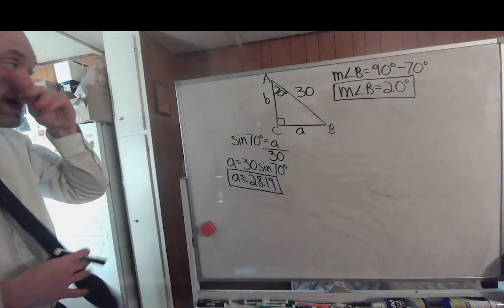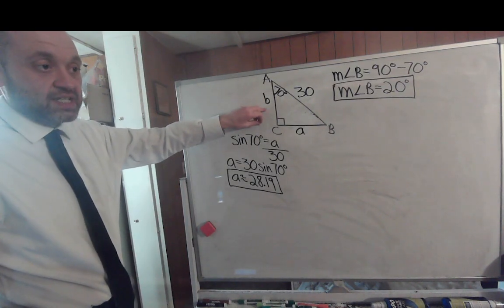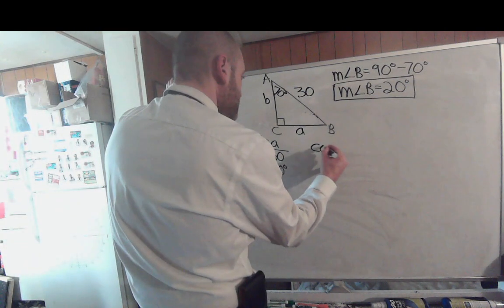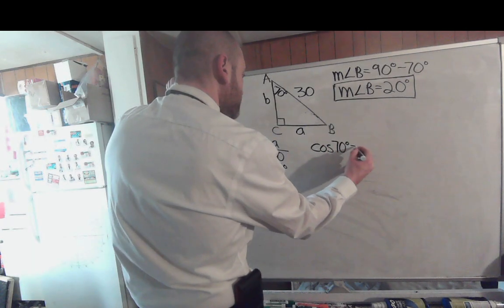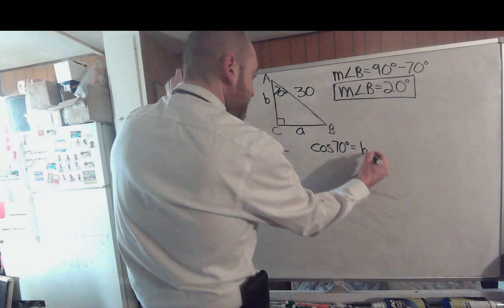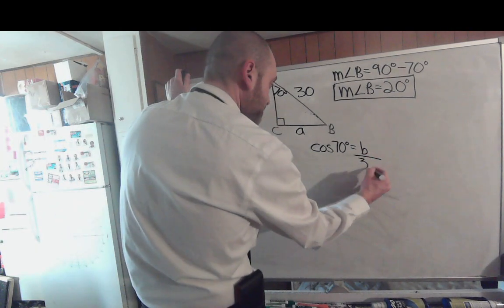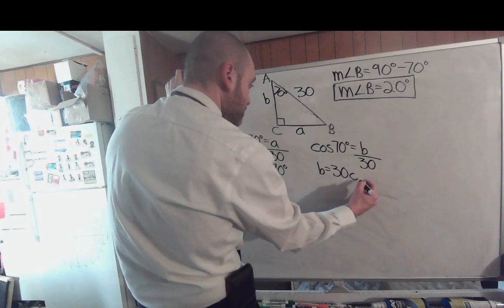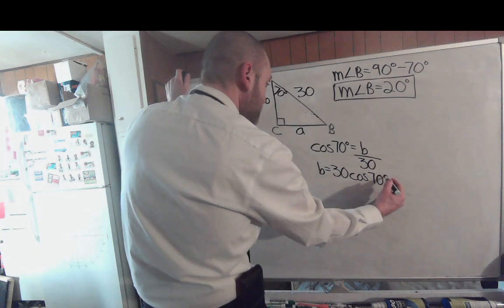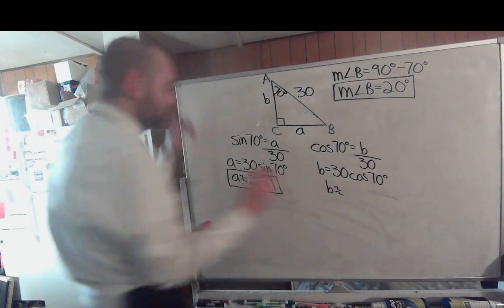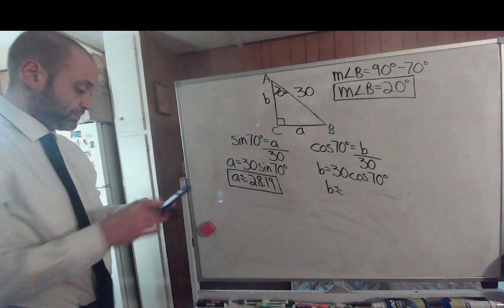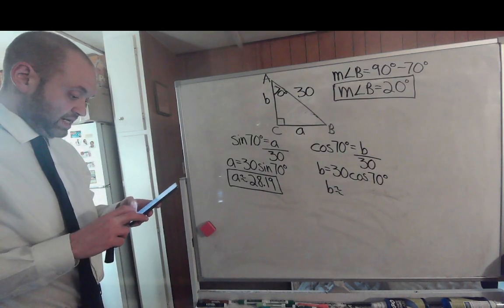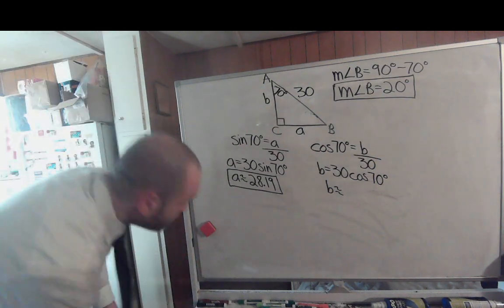Now let's figure out side B. Side B is the adjacent side, so adjacent over hypotenuse, that's the cosine function. So the cosine of 70 degrees would equal your adjacent side of B over your hypotenuse of 30, which then means that B equals 30 times the cosine of 70 degrees, which now we can get a 2 decimal place approximation for side B. All right, cosine of 70, take that times 30, you get about 10.26.